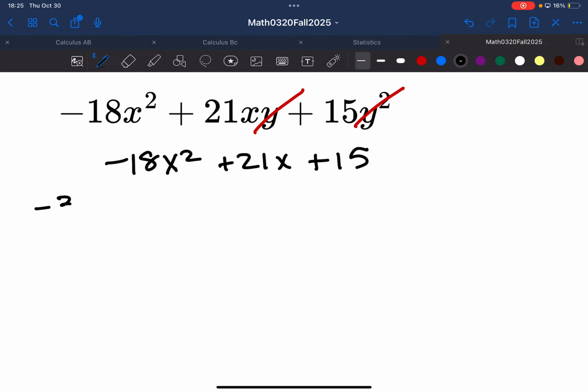So negative 3, which means I'm left with 6x squared, good, minus 7x minus 5. Yes, I don't want the negative in front of the x squared. I never want a negative in front of there.